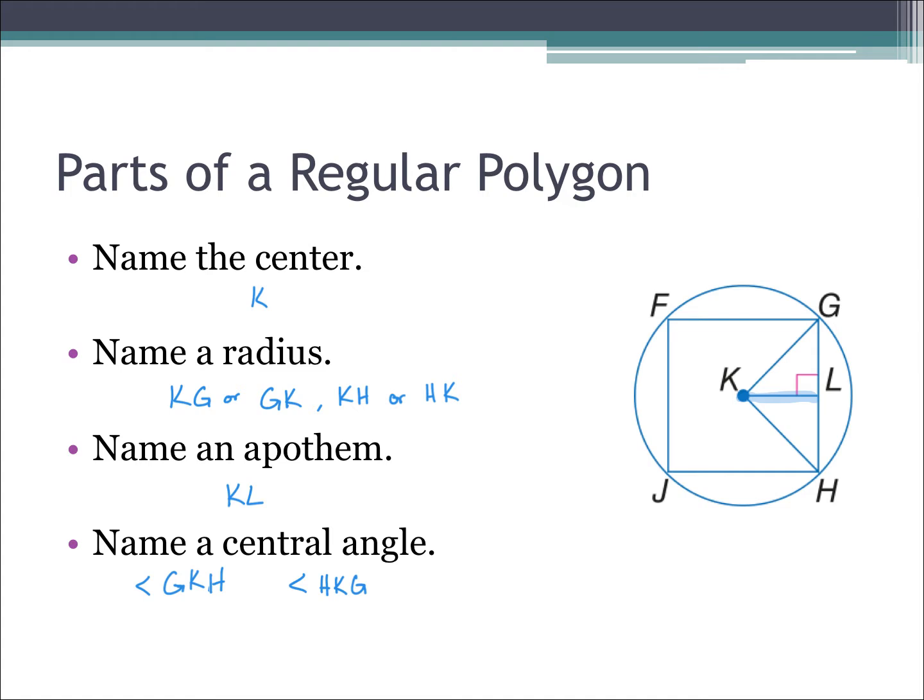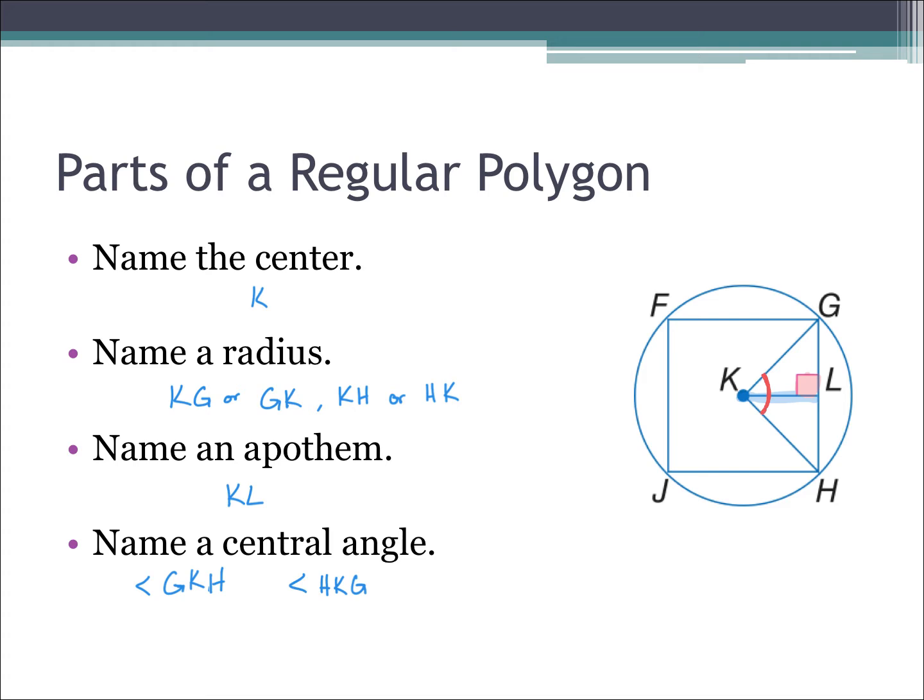That right angle bit is important to remember, because sometimes the problem will give you that it's a right angle, and sometimes you just have to remember. Now, the central angle is going to be GKH, or you could go the other way around and do HKG. It doesn't really matter which way you go. When I refer to the central angle, I am referring to this big angle.